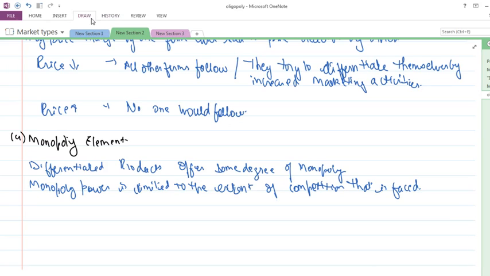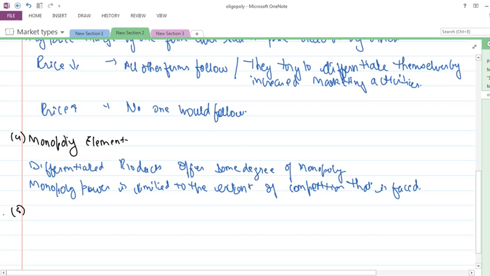Then the next feature of oligopoly competition is advertising.